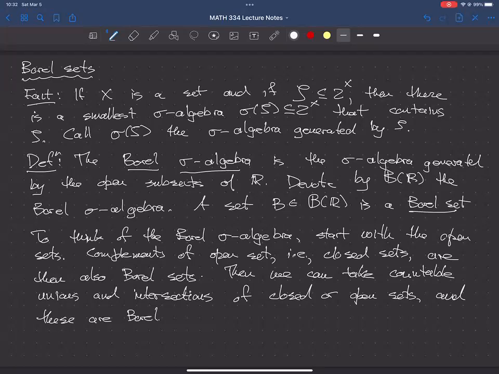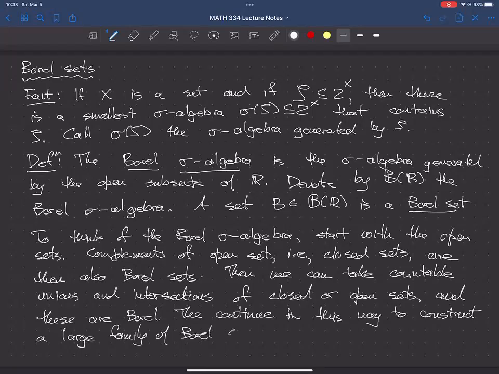Then you can continue in this way and construct a large family of sets. Take complements, then take countable unions and intersections, take complements, countable unions and intersections, and so on.